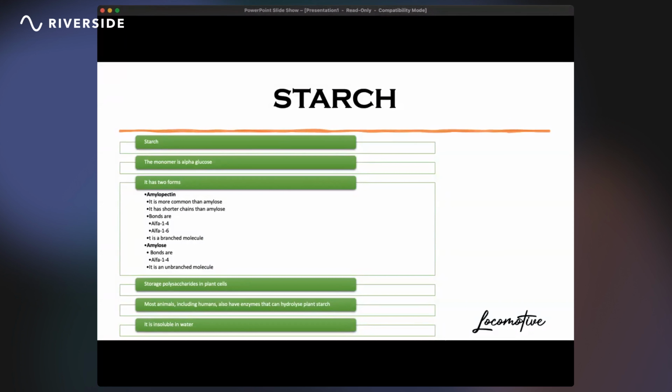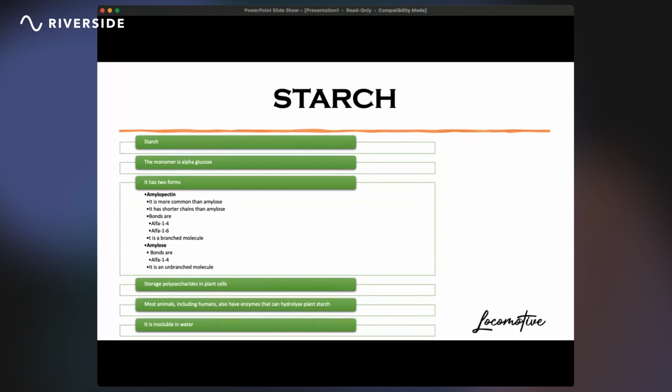Amylopectin is more common but has shorter chains than amylose, and it has side chains. It has two types of bonds, alpha 1,4 and alpha 1,6. It's very important to know that alpha 1,4 represents the main chain of the amylopectin, and alpha 1,6 represents the branched chain.